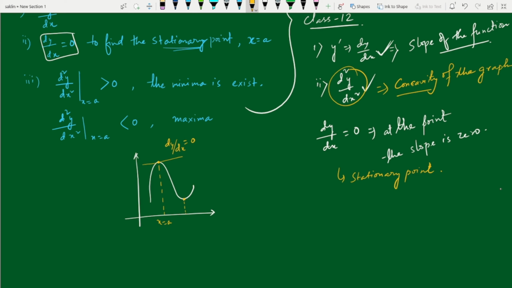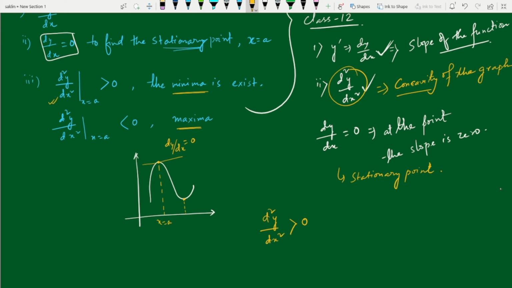In this lecture, we take concavity as the nature of the graph. Concavity means that we know the convex and concave. If the double derivative is greater than 0, this is the first case, the case of the minima. Maximum is the second case.